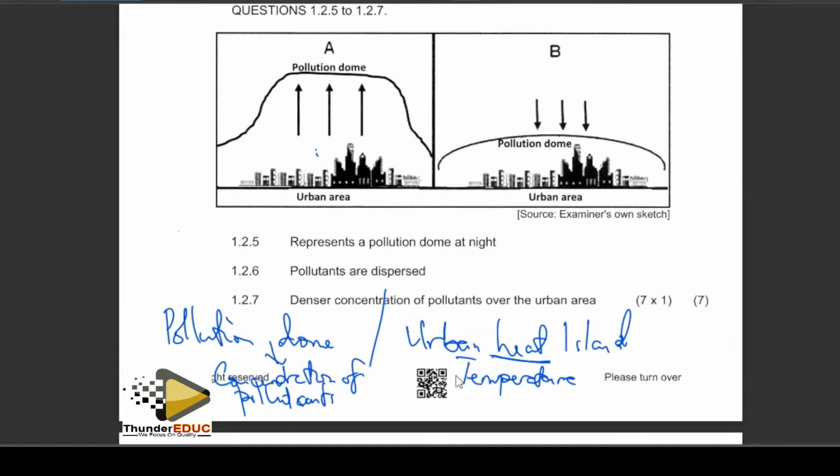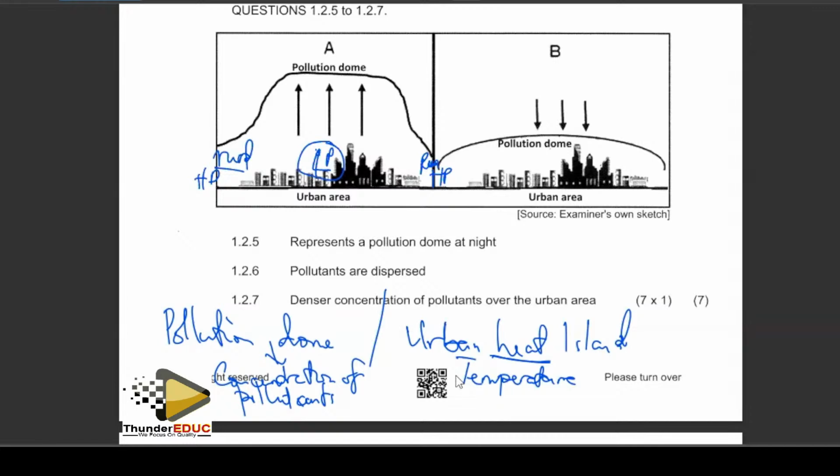And what is going to happen to the pressure? The pressure in the urban area is going to be lower compared to the surrounding areas. This is the rural area and this is the rural area. In the rural area, it's relatively cooler because of the natural surfaces and because of the cooling effect of water bodies. It means that there's a higher pressure in the surrounding rural areas, but the urban area has a low pressure.